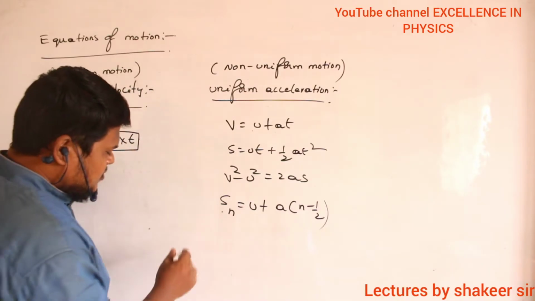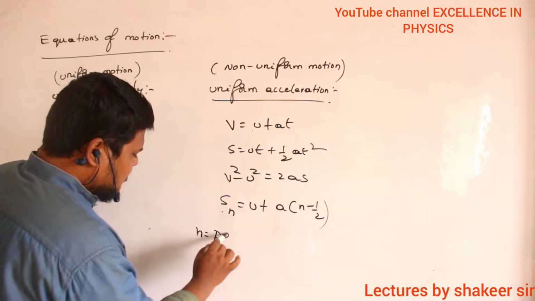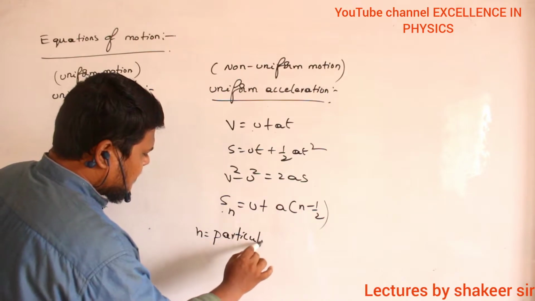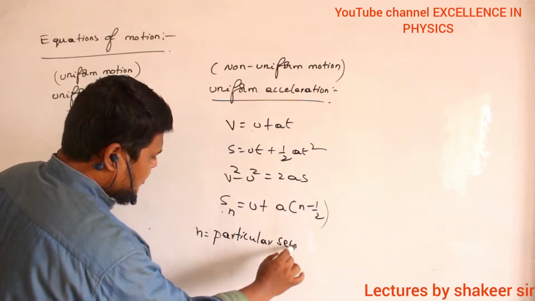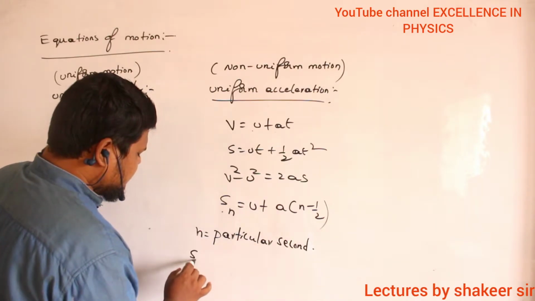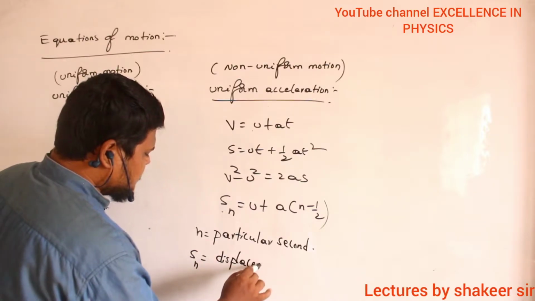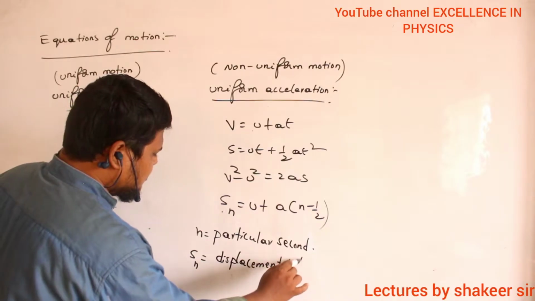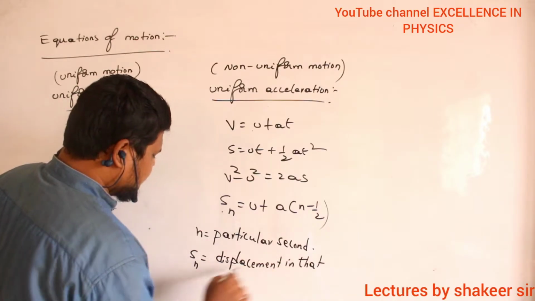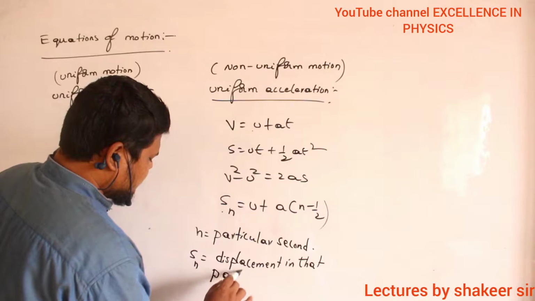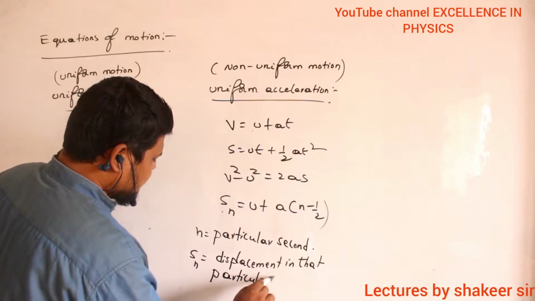So n is called the particular second. Sn is called displacement in that particular second.